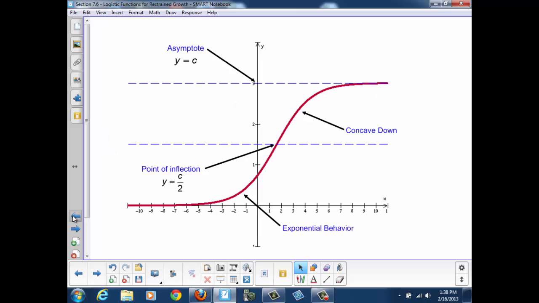So if we go back to our graph, you can see that as x gets more and more negative, we're dividing by larger and larger numbers and eventually getting very, very close to 0. And as x gets more and more positive, we get closer to having c divided by 1. So our graph levels off at y equals c.